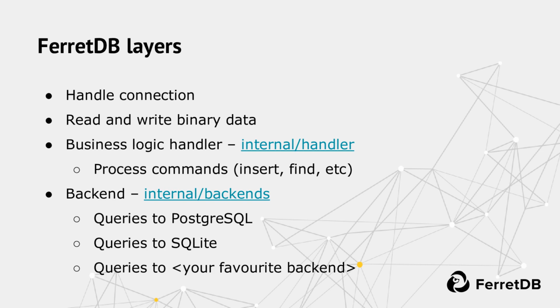And then we have backends. First of all, it could be PostgreSQL. It could also be SQLite, because somehow people were really interested in having SQLite as a backend and sending MongoDB queries to SQLite. It seems to be popular in some cases, like some embedded and small cases. But the community wanted it, so we implemented it. And it is also possible to implement any storage, any backend.